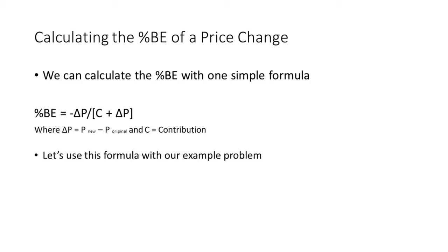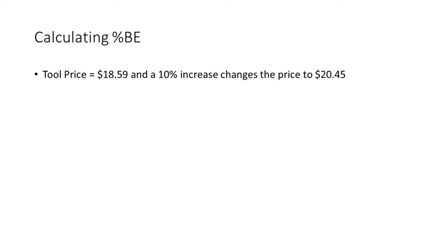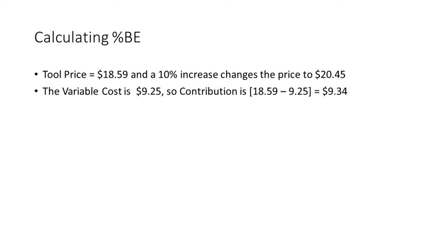We said that our original tool price is $18.59, and so a 10% increase in that price changes it to the new price of $20.45. As we said, the variable cost is $9.25, and so the contribution is $9.34 per tool.